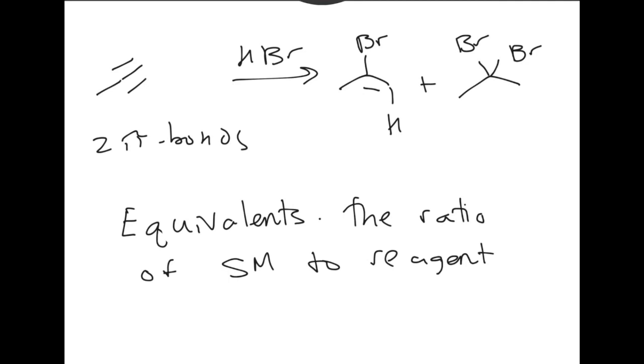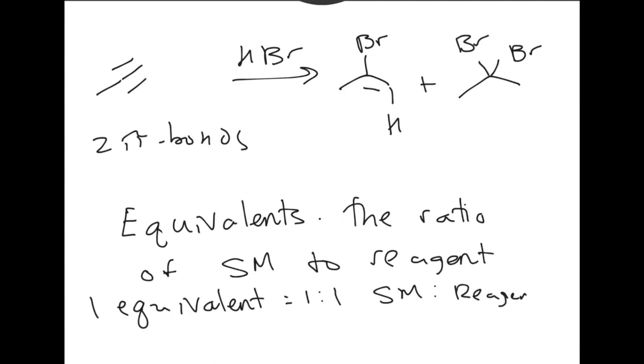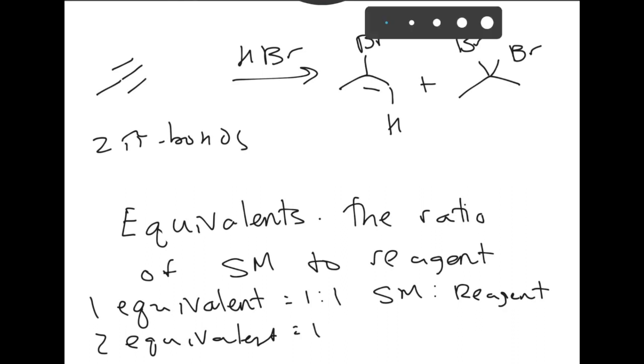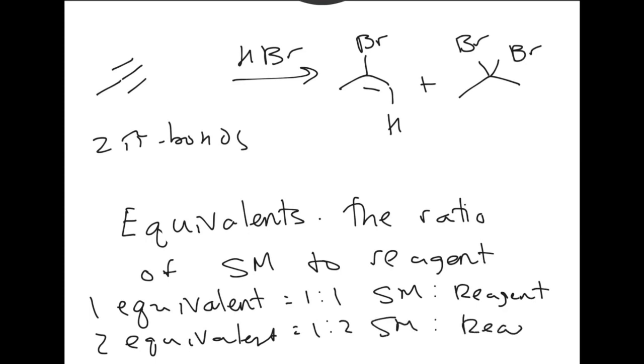So if you have one equivalent, you have a 1-to-1 ratio of starting material to reagent. So 1-to-1 mole ratio, right? 2 equivalents is going to be 1-to-2. Right, you have one starting material for every 2 reagent. So you have 1 mole of starting material, 2 moles of reagent.